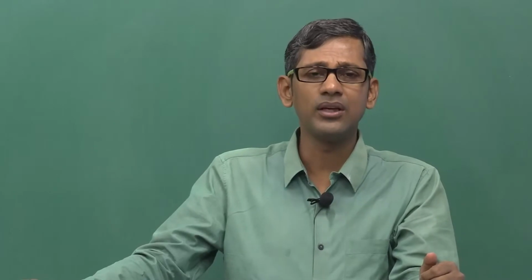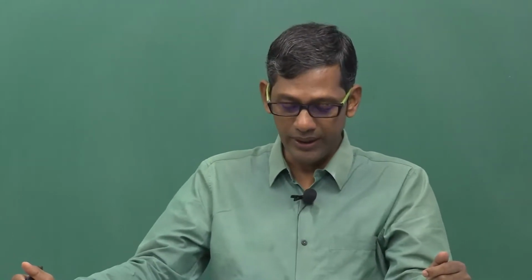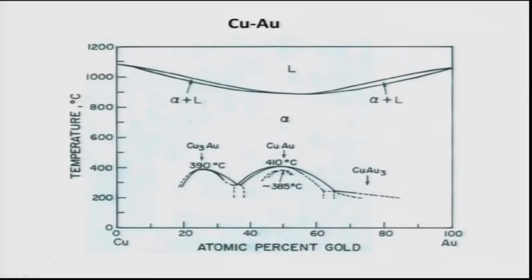And these three phases are intermetallics because they are compounds, but they have a solid solubility range, like Cu3Au can form from about 20 atom percent of gold to about 35 atom percent of gold.